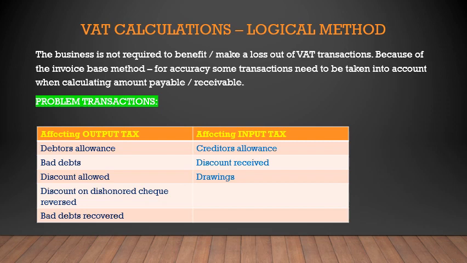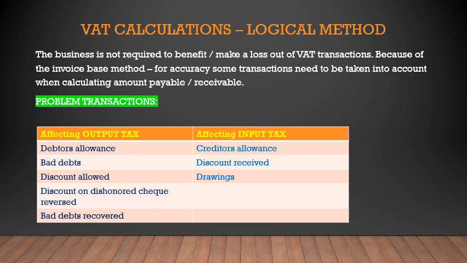Transactions affecting output tax. We have debtors allowance, bad debts, discount allowed, discount on dishonoured cheques reversed, bad debts recovered. These transactions will affect output tax, how much we must pay over, because we will not receive everything from the debtor. Already we will have calculated our VAT using the first transaction when we sold on credit.